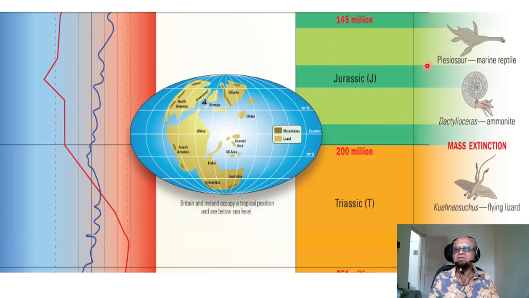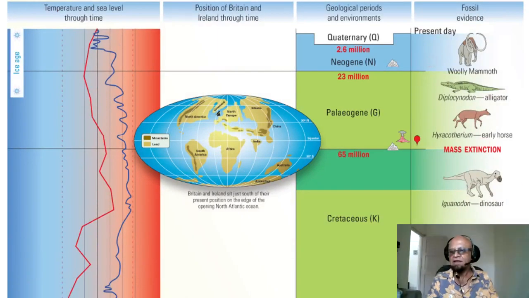And you have the dinosaurs here now, the Plesiosaur, a marine reptile. And then you had again more things, the dinosaurs, and the mass extinction of 65 million years ago. Now the continents are looking more like what we have now. You can see clearly Africa, South America, North America separated by long distances, northern Europe here, and you have Siberia, and India is still here just close to the equator.